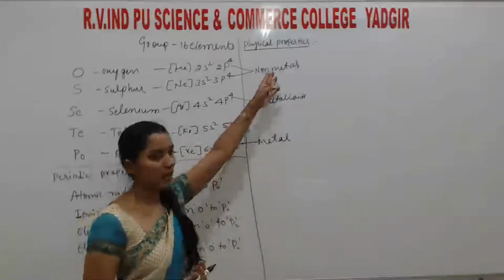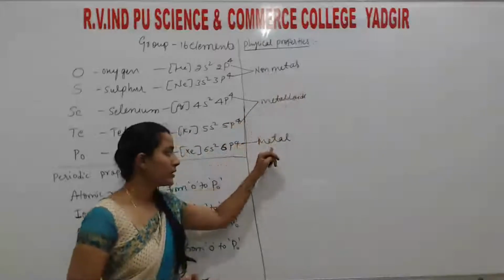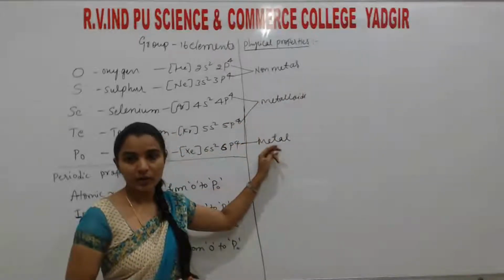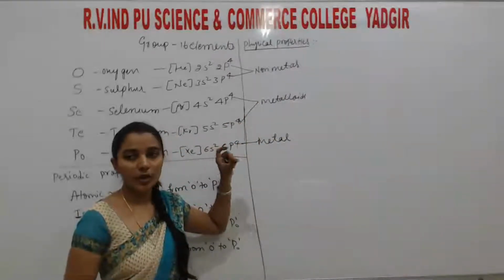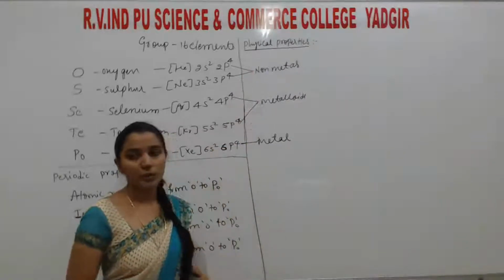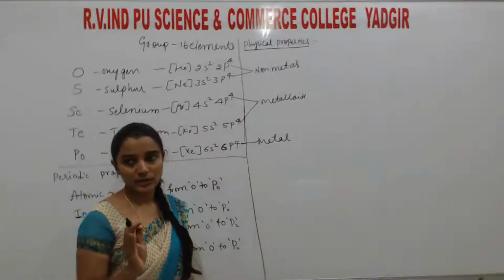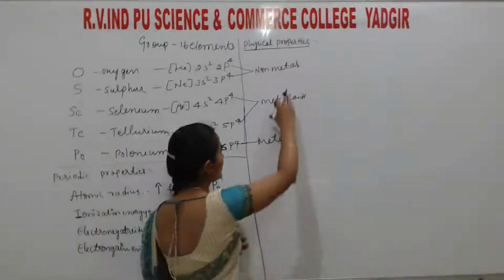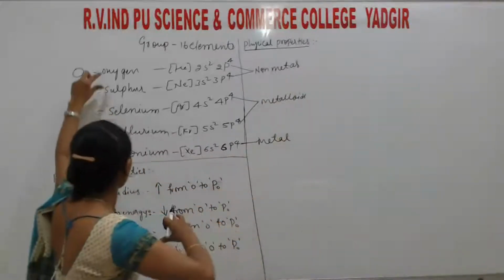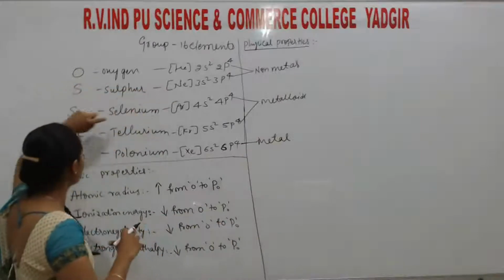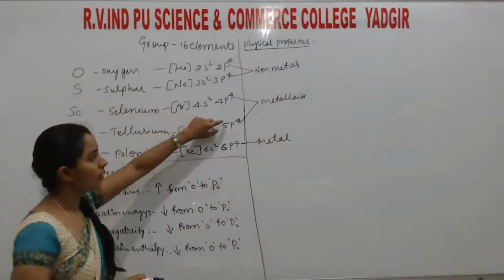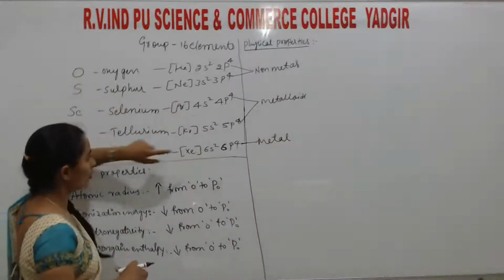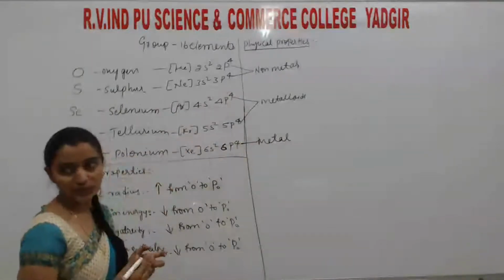Of course, students, non-metals have a low boiling point and metals have a high boiling point. So along the group, the boiling point increases. Remember that. Only these three you remember: oxygen and sulfur are non-metals, selenium and tellurium are metalloids, and polonium is a metal. That is the physical property.